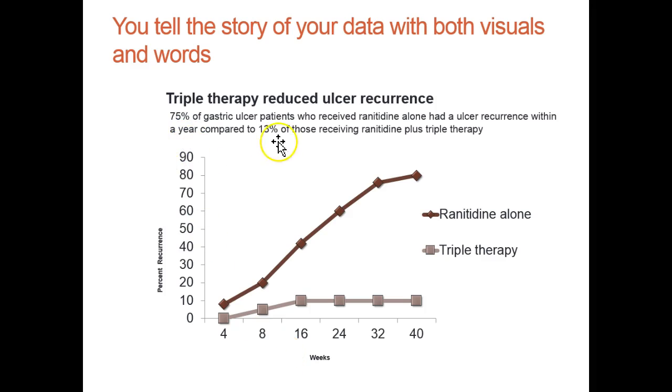So this is gastric ulcer patients who received ranitidine alone versus those who received triple therapy. Obviously the story, the trend, this is the rate of recurrence. So this is the trend. We see that this goes up. This stays pretty flat. That's the story.